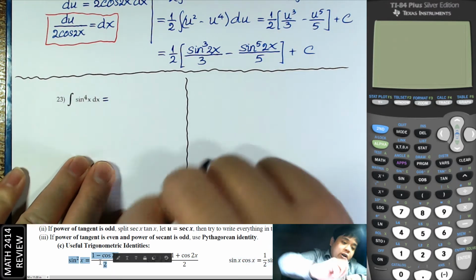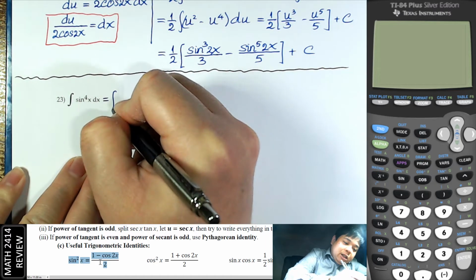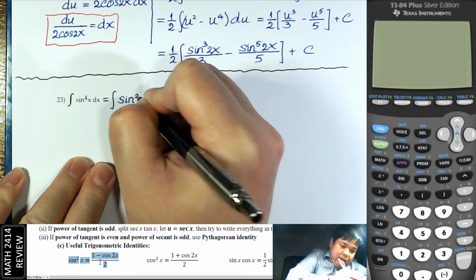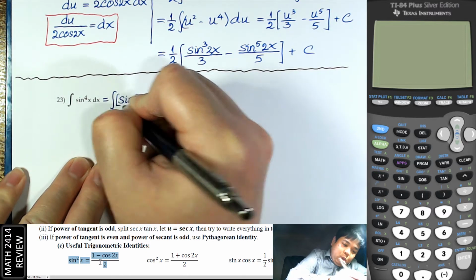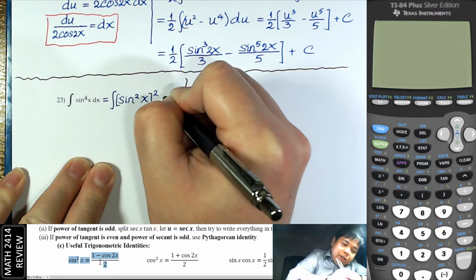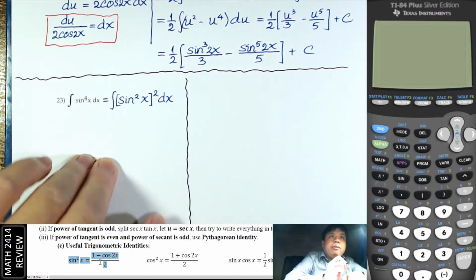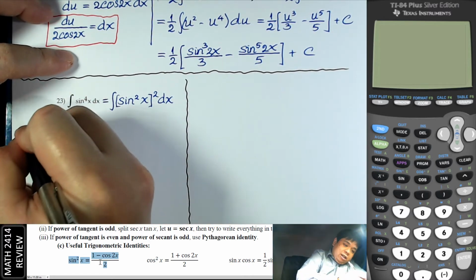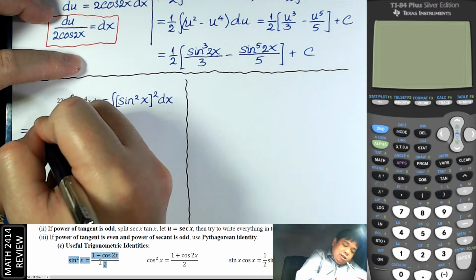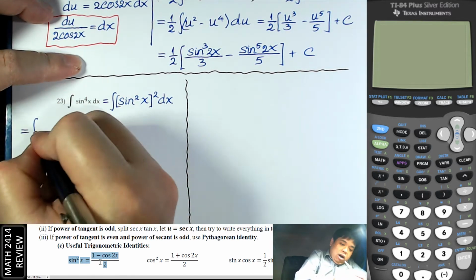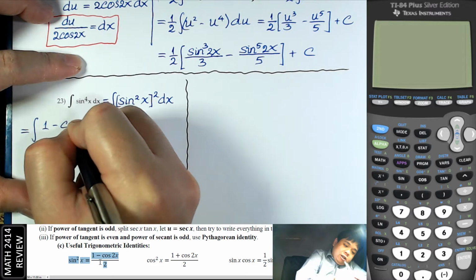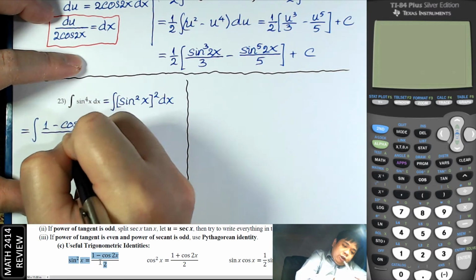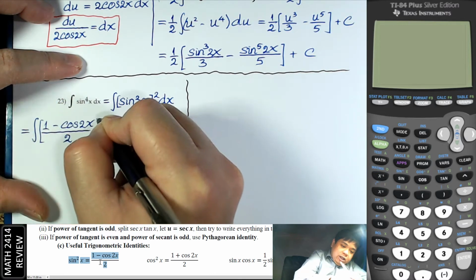But before we write the sine square, I'm just going to write sine square and then square again. Right, now power reducing for sine square is 1 minus cosine of 2x over 2, and we square that.